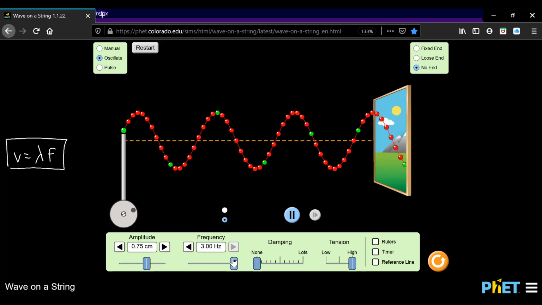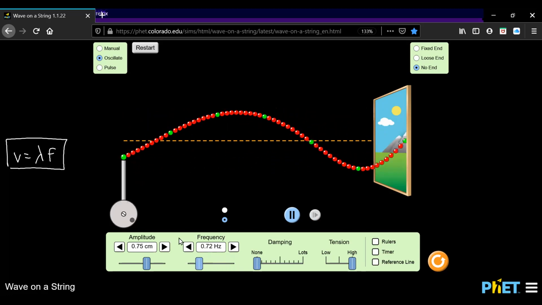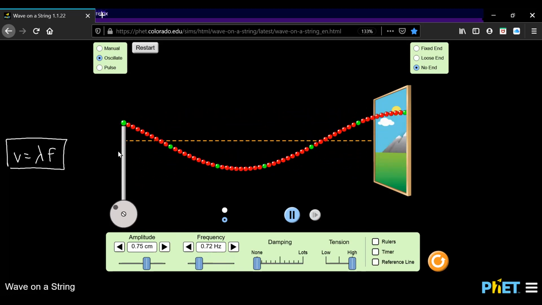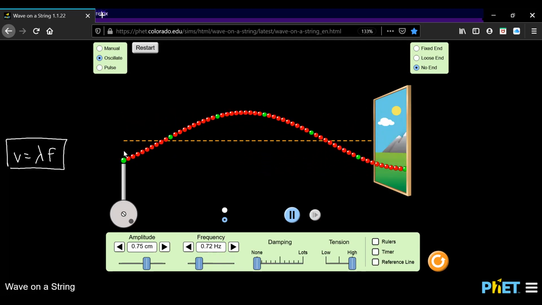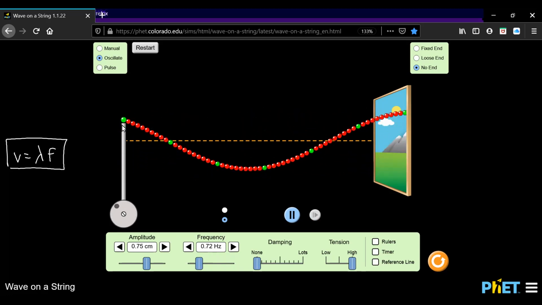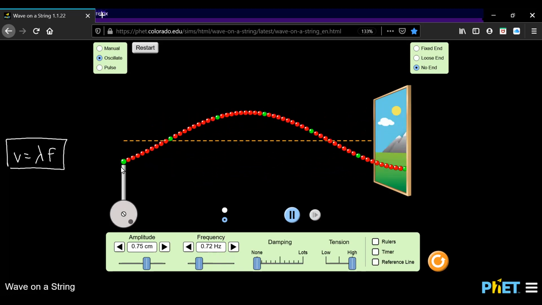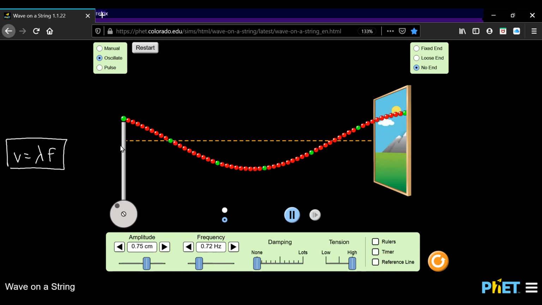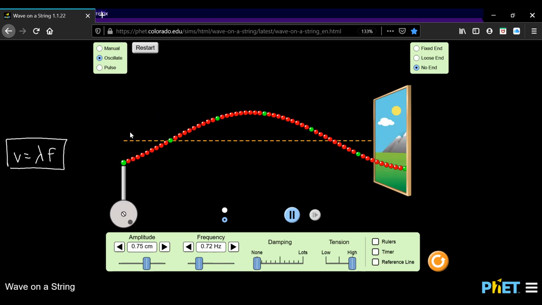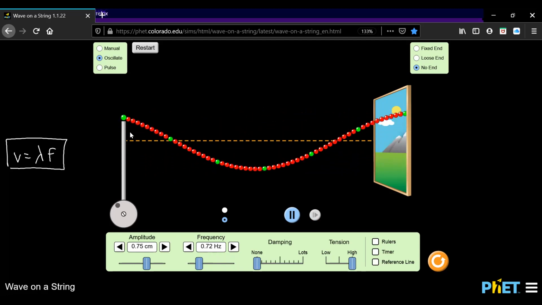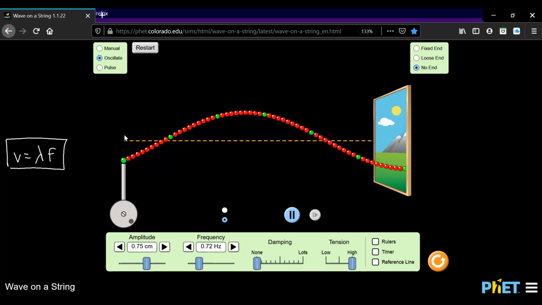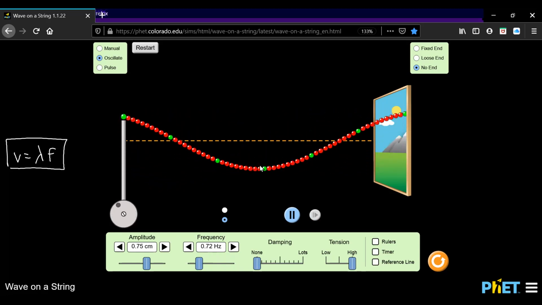That means the point has more energy at higher frequency. So if we lower it, this point is on average moving slower, right? The stuff from oscillation is still true. The maximum speed is still at the center.